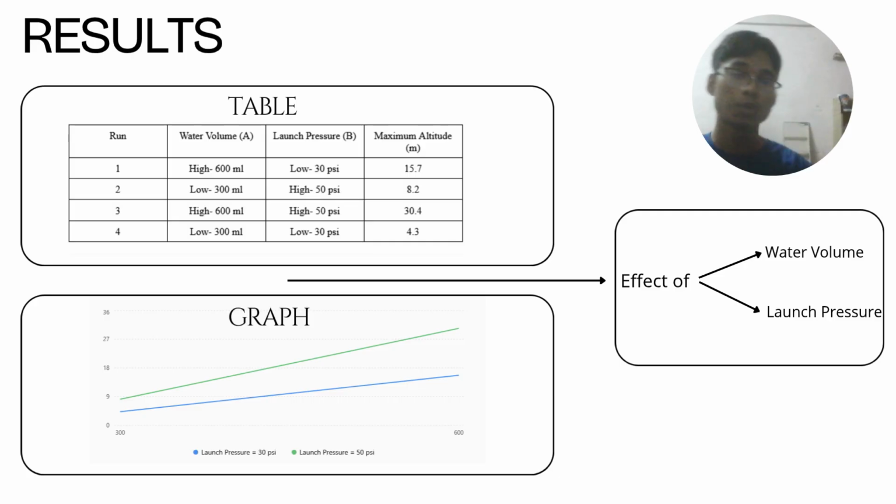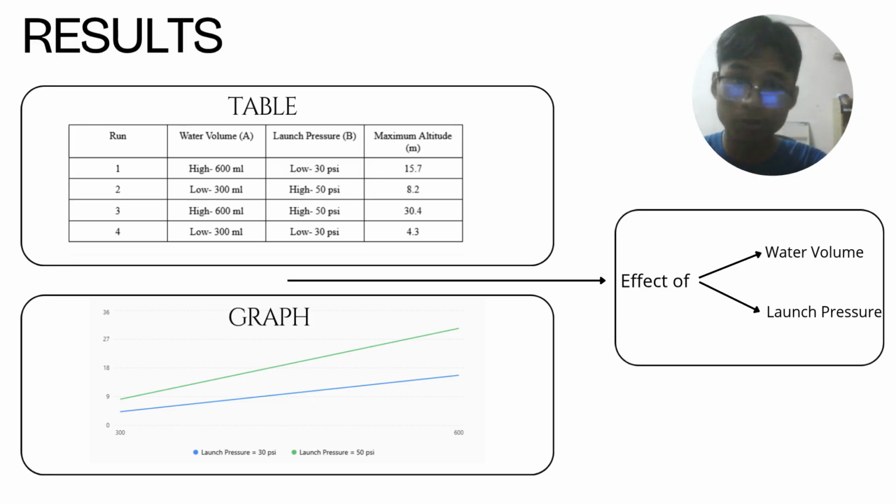I will continue with the result for this experiment. The first one is the table and the graph for the entire experiment. Both of these can be affected by water volume and the launch pressure. As you can see in the table, we have four runs for the experiment.